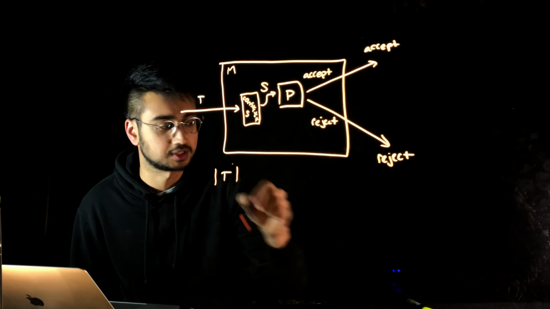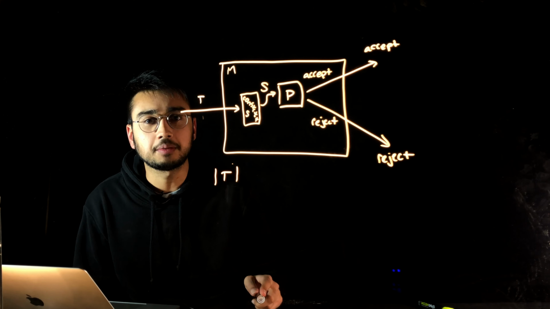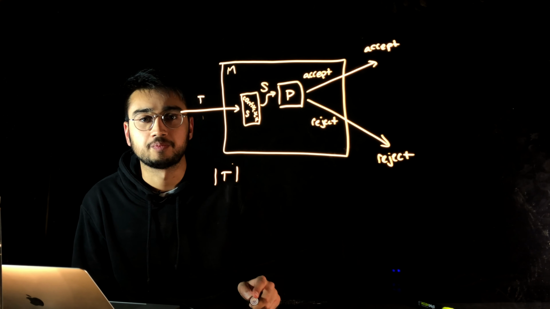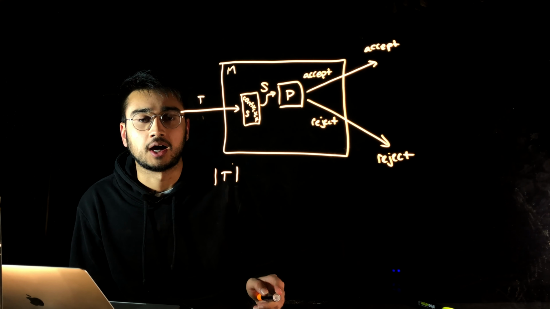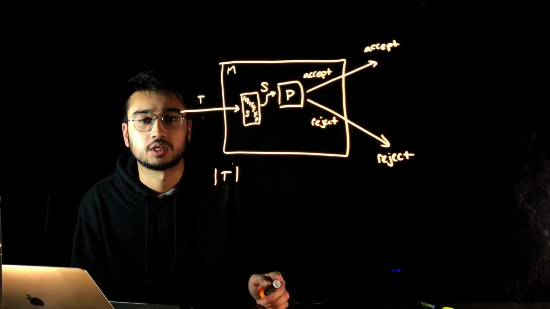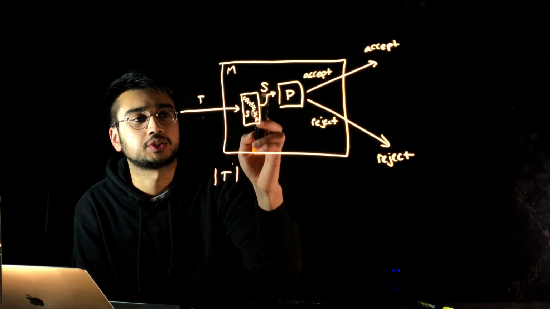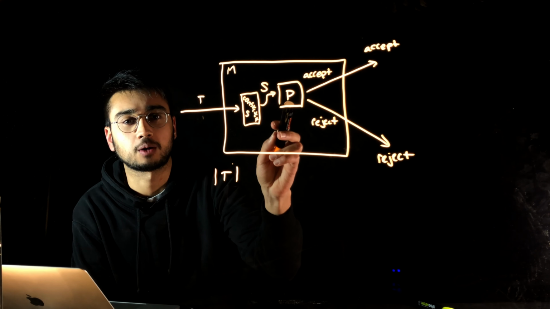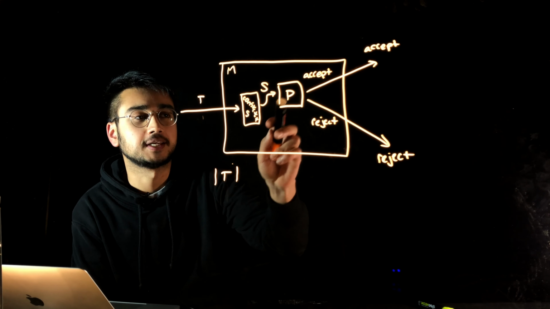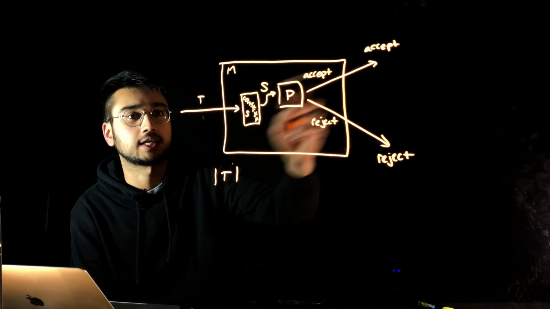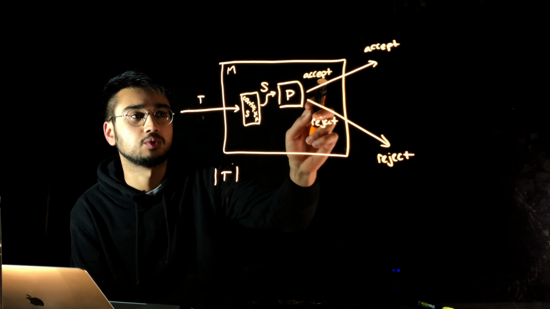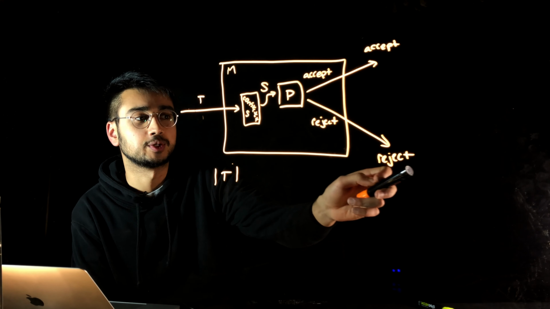Let's call it size of T. And the thing about S is that S will fail if and only if T simulated on T for at most size of T steps ends up in an accept state. Lastly, M will take S, feed it into P, our program analyzer, and if P accepts S, then we will accept T, and if P rejects S, we will reject T.